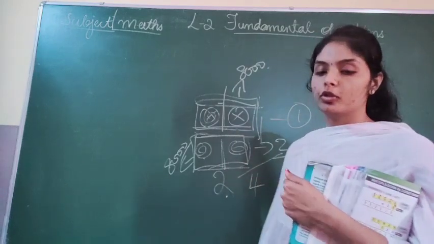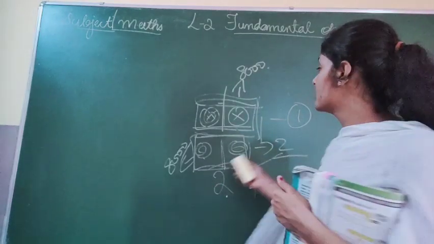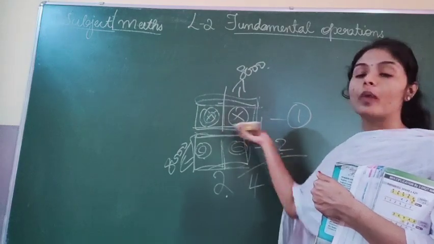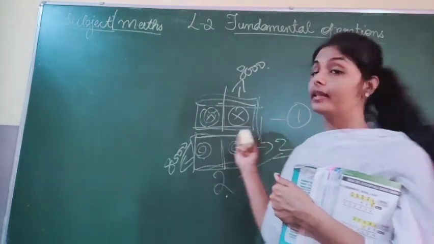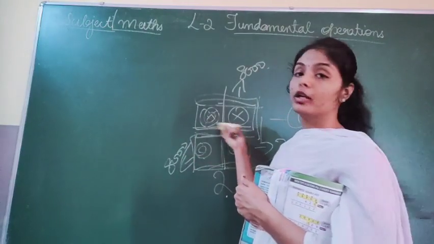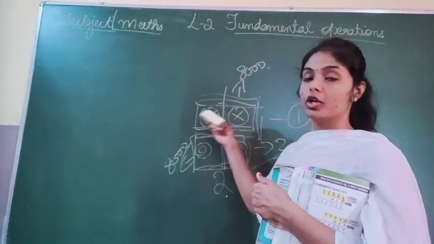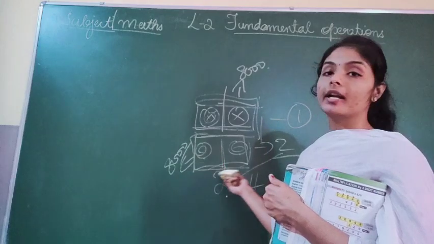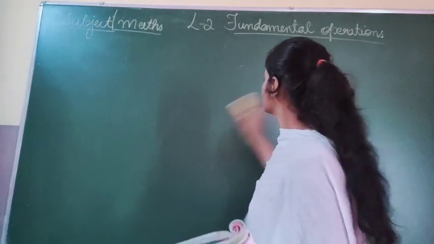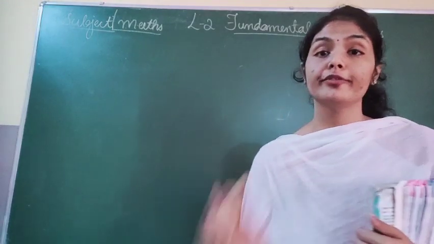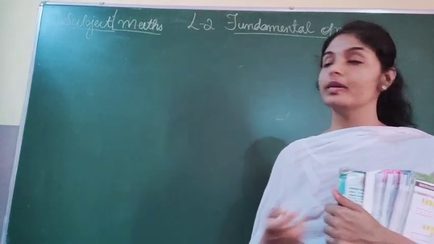So what we should do here, you understood this concept, children? In one tape recorder you have 2 tapes. So for that they are telling 1, 2, and to find another 1 and 2. So we have 2 and 2. 2 plus 2 is?